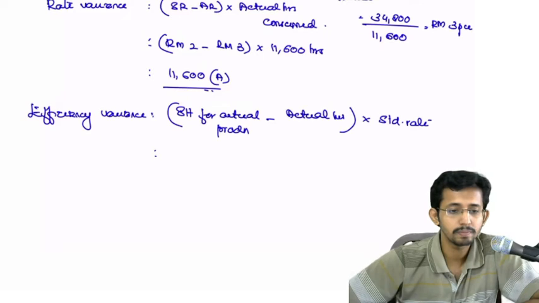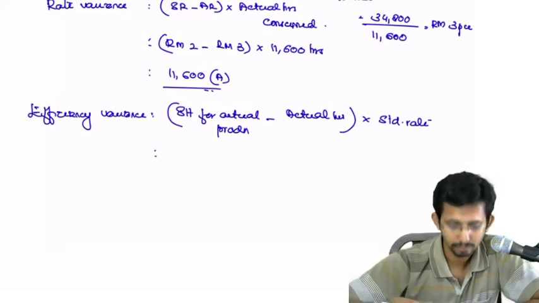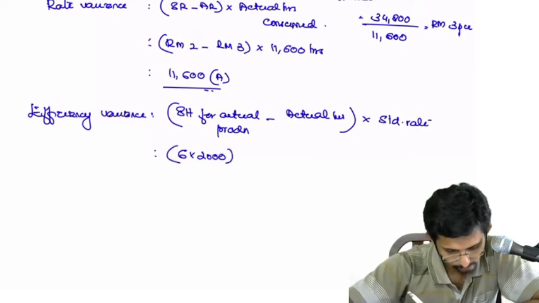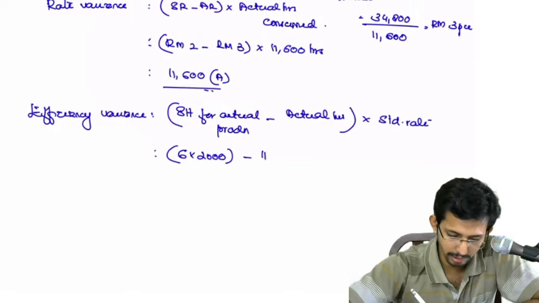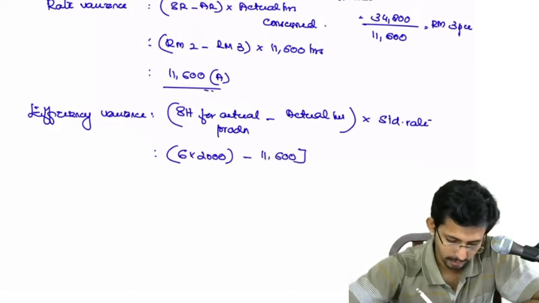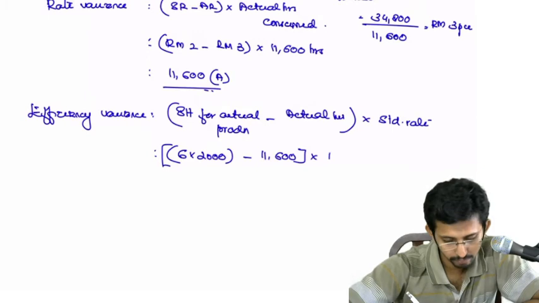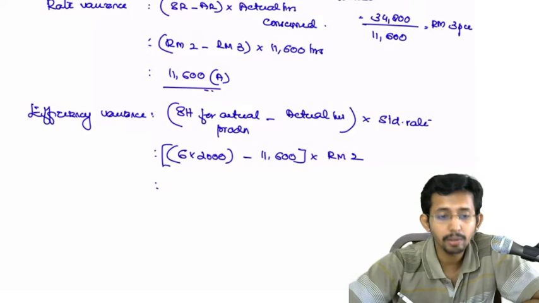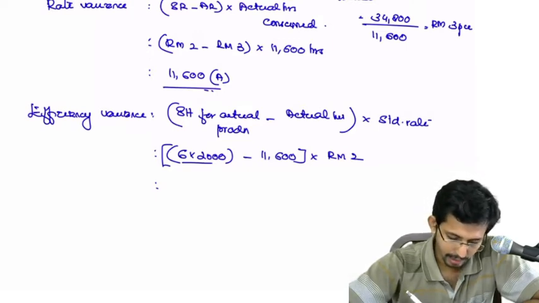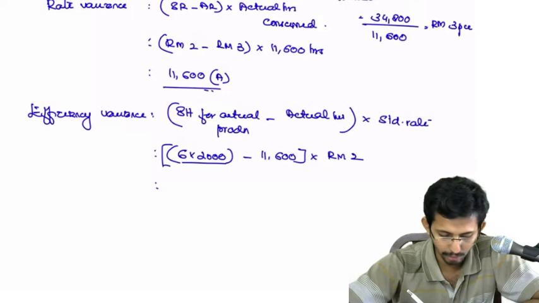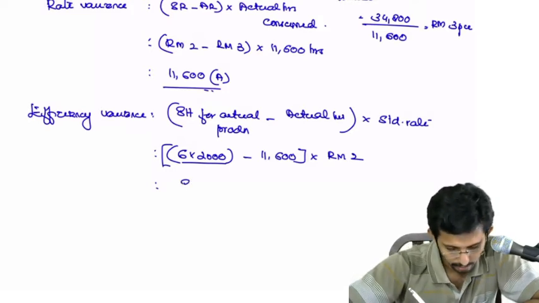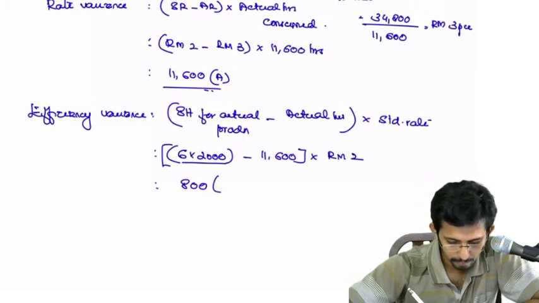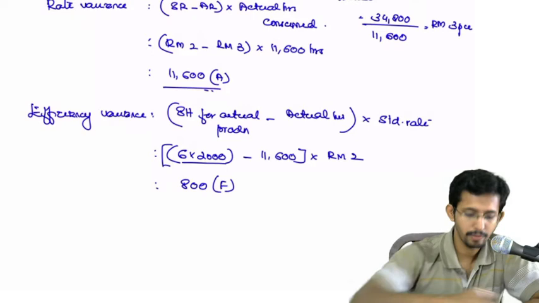So 6 into 2000. Actual hours how much? 11,600. And standard rate is RM2. It will be favorable because the standard hours that they should have taken is 12,000, but they took only 11,600. So 800 favorable.